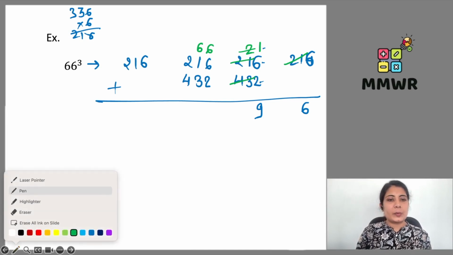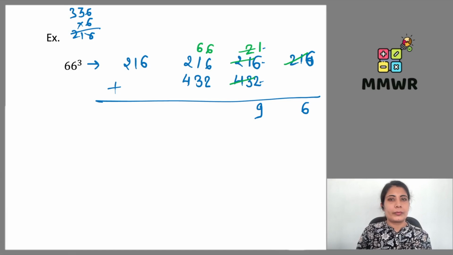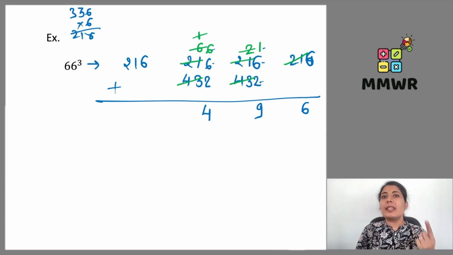Let's quickly add the ones place here. 6 plus 6, 12. 12 plus 2, 14. Carry over 1. Right? Now this carry forwarded, we will be adding 43 plus 21 plus 6 plus 1. 43 plus 21 is 64. 64 plus 6 is 70. 70 plus 1 is 71.